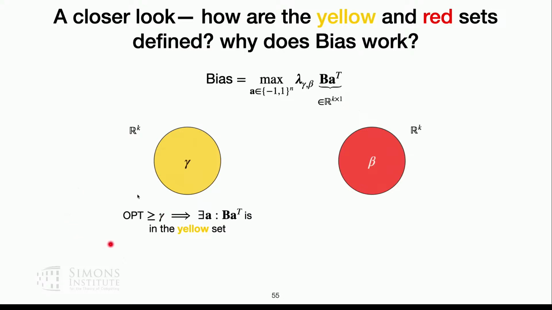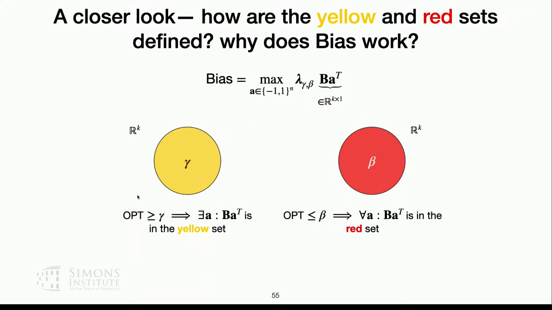If the optimum value of your instance is at least gamma, then there exists some assignment A such that this quantity that you see here, BA transpose, is in the yellow set. And if optimum is at most beta, for every assignment, BA transpose is in the red set. So this is how these things are defined.